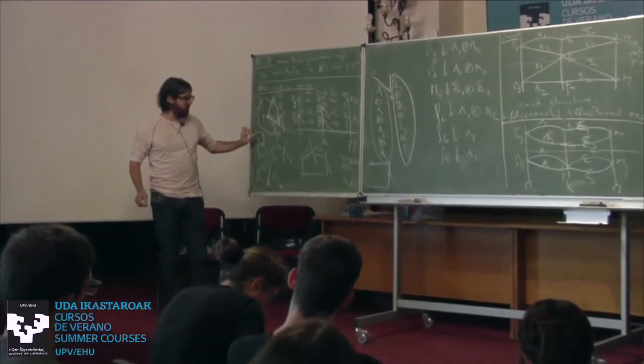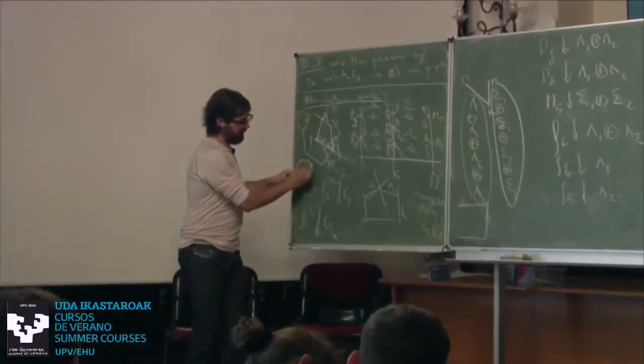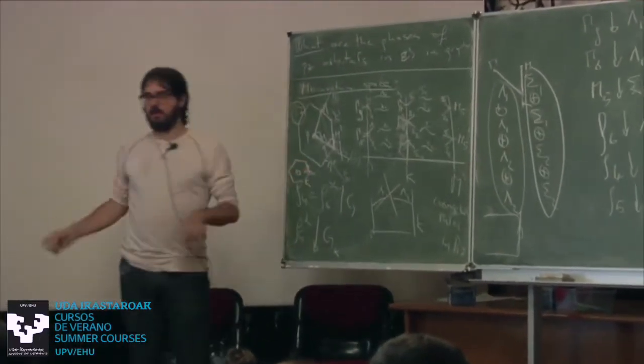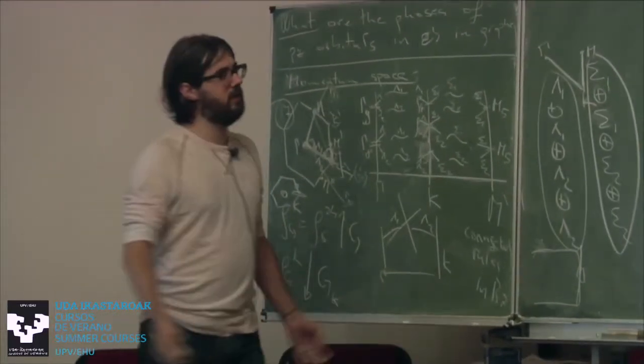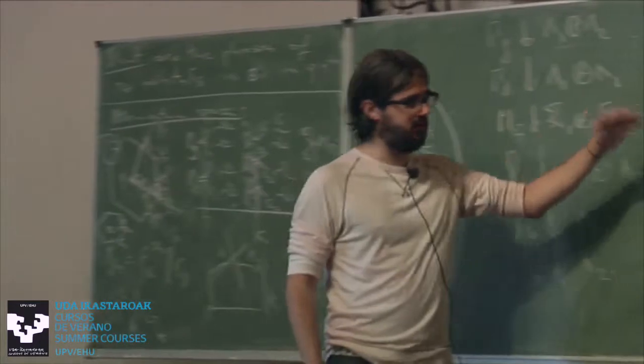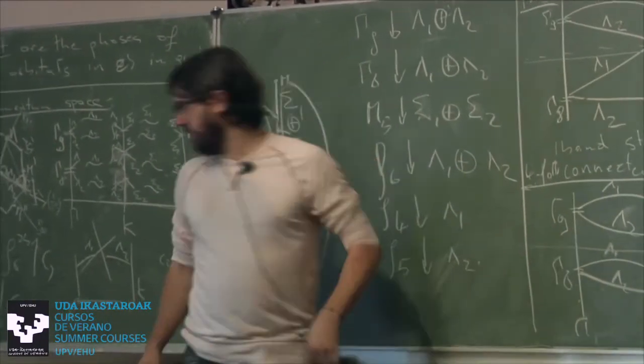As long as I don't put them at the center of the unit cell, if I put them here, here, or here, it doesn't matter what orbitals they are, s, p, d, I'll always get something non-trivial in this sense, that it's either an enforced semi-metal or a topological insulator.